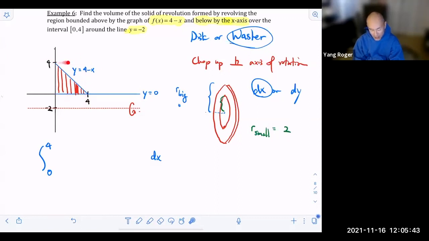This line is not a horizontal line, it's a downward sloping line. So we're definitely going to need to use this. It involves 4 minus x. But the distance 4 minus x is just from here to here. I want to go from here all the way down to here. So what do I need to do to this to go all the way down? It's going to be 4 minus x plus 2.